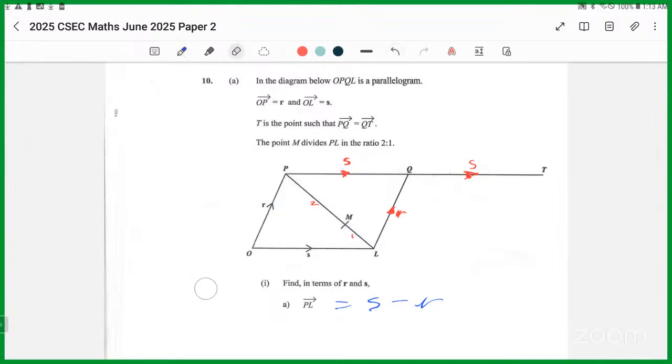So to go from O to M, I'm going to go O to P first, and then I'm going to go P to M. Now the PM right here is 2/3 of PL. So this becomes OP plus 2/3 of PL.